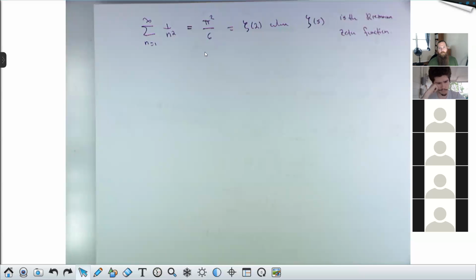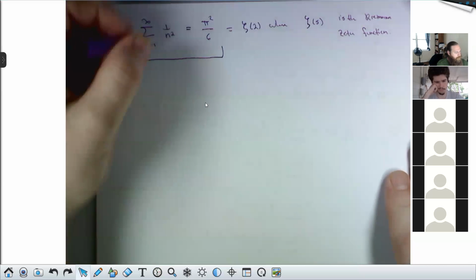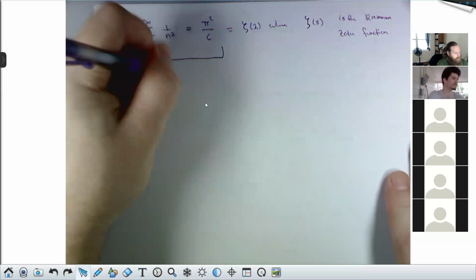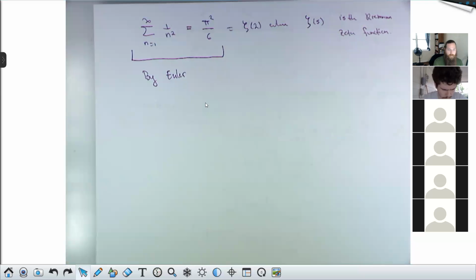Proving that zeta of 2 is pi squared over 6 is quite tricky, but it's not unmanageable. It involves working out an infinite series and an infinite product for the sine function. It's called the Basel problem, if you're curious about this. The proof was first done by Euler, the same Euler after whom we name the number e.